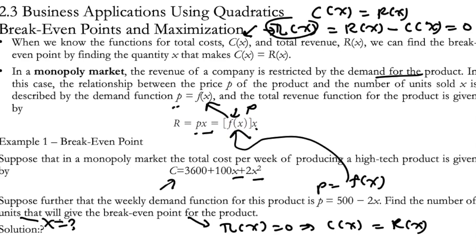Alright. So how are we going to find it? Here you are given the cost function and then the price function. But you know that break-even is cost equivalent to the revenue function instead of cost equivalent to price, isn't it? So with the price function, you need to use it to find the revenue function. So first, let me rewrite all the equations here.